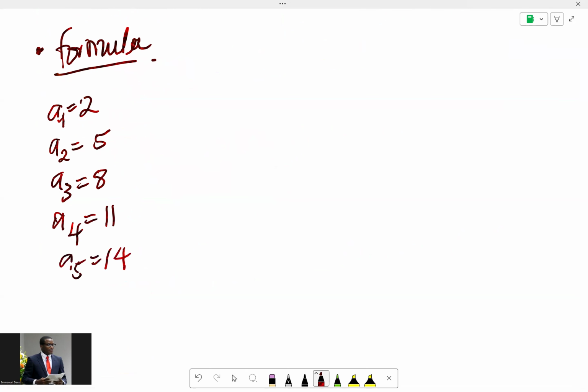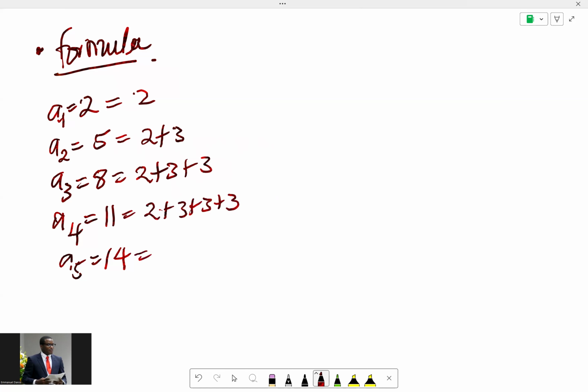Now, what do we notice here? This is 2, and this is 2 plus 3. This is 2 plus 3 plus another 3. This is 2 plus 3 plus 3 plus 3. And this is 2 plus 3 plus 3 plus 3 plus 3. So see the pattern now.